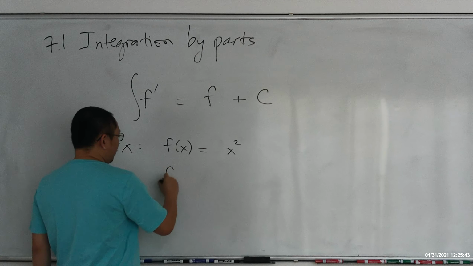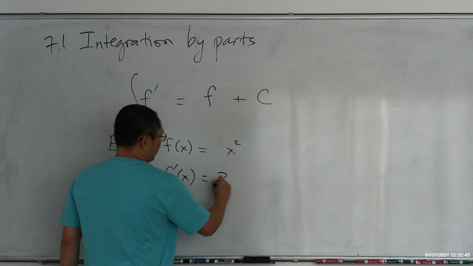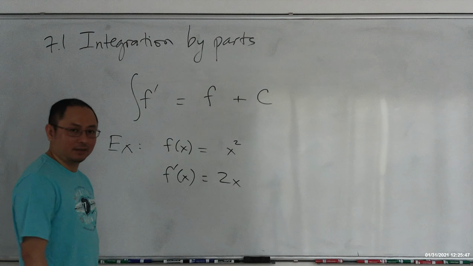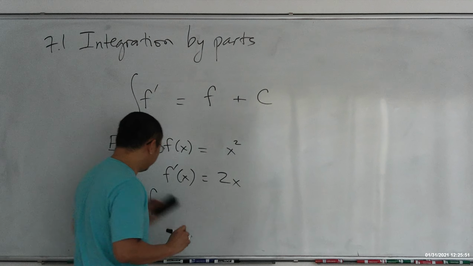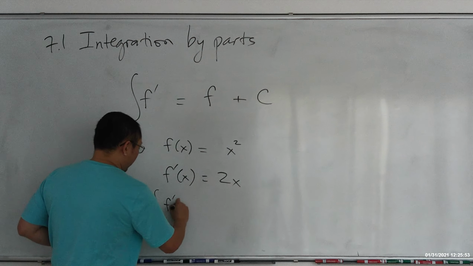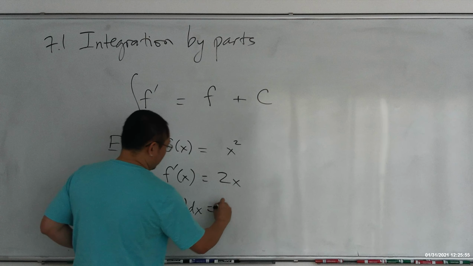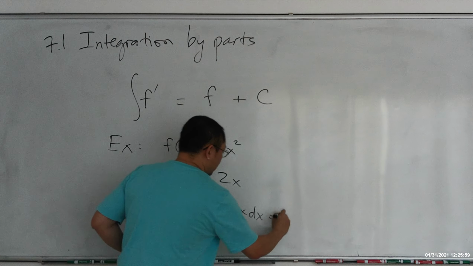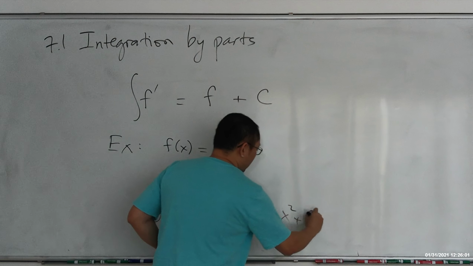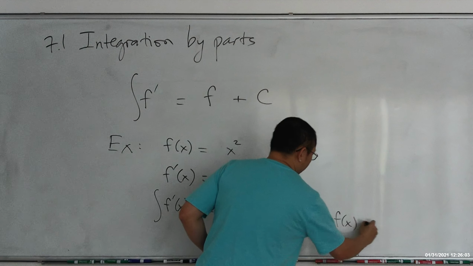So what is f prime of x? It is 2x. And the integral of f prime of x dx equals the integral of 2x dx, which is x squared plus c, which is f of x plus c.